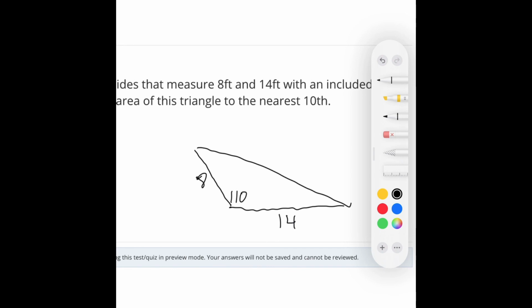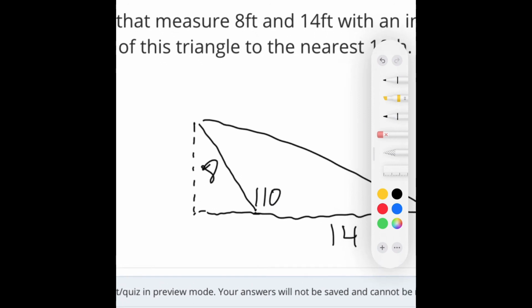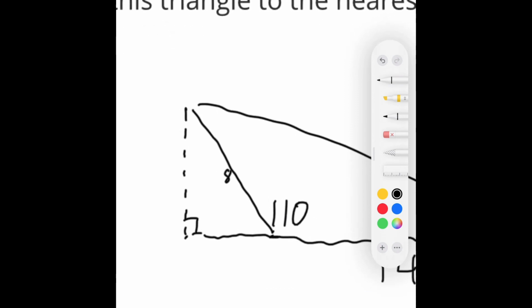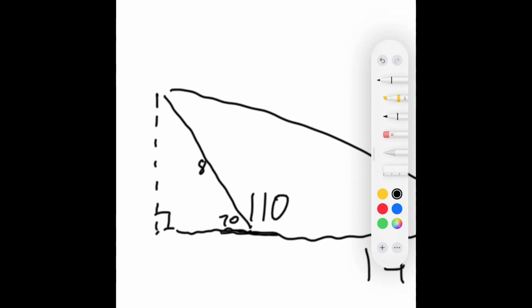We have our base of 14. Let's find our height. And this is how we'll do it. This side's 8. Okay, so we need theta, which, if you look, these are supplementary angles, and this would be 70. 70 and 110 is 180.